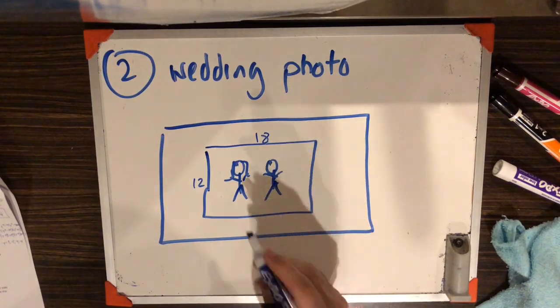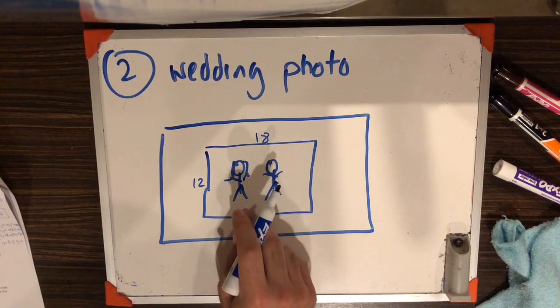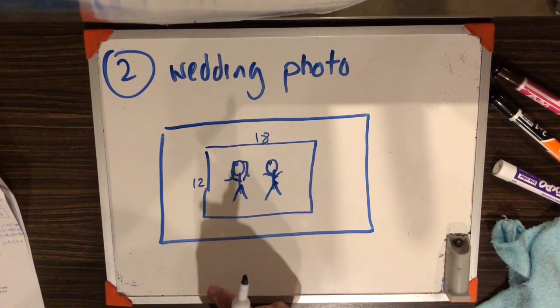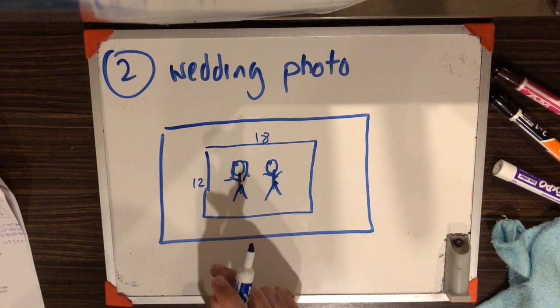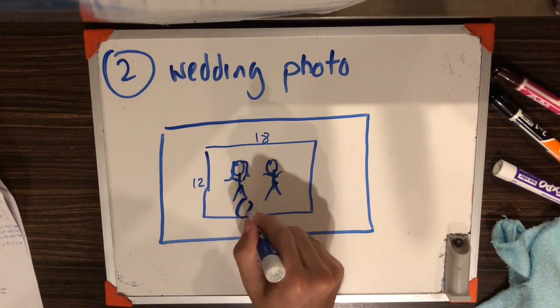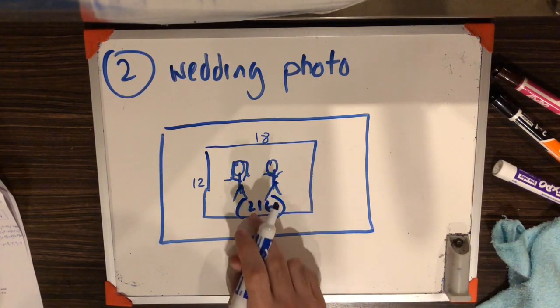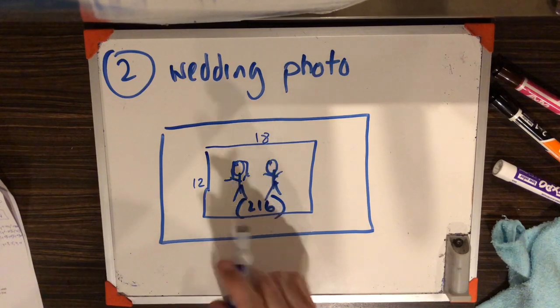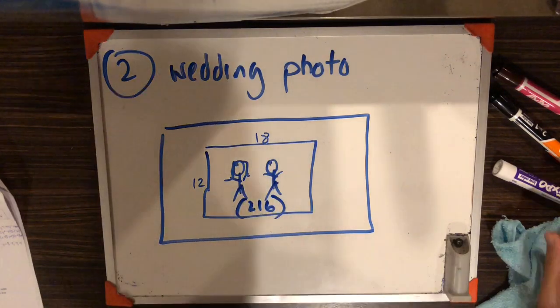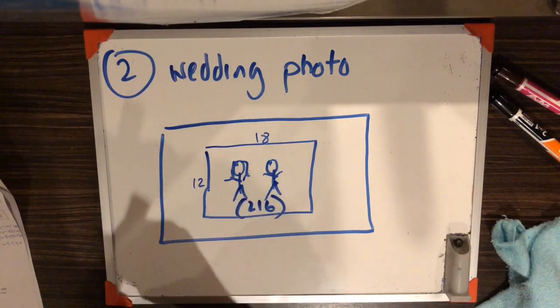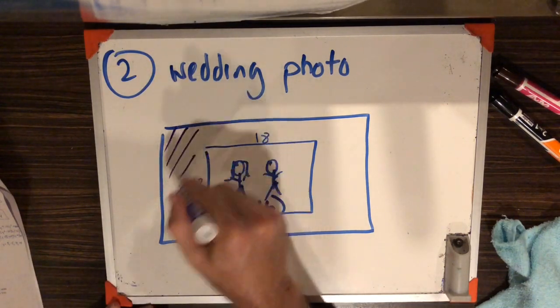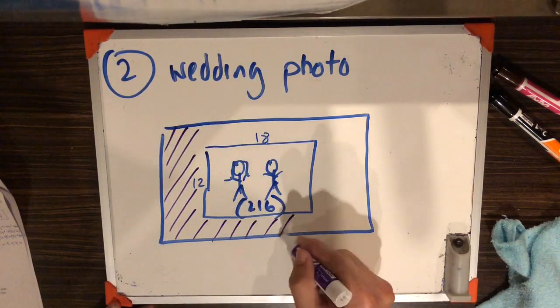Now, what is the area of the actual wedding photo? 18 times 12 would be 216. So 216 is the area of the photo. 216 is also the area of this frame.